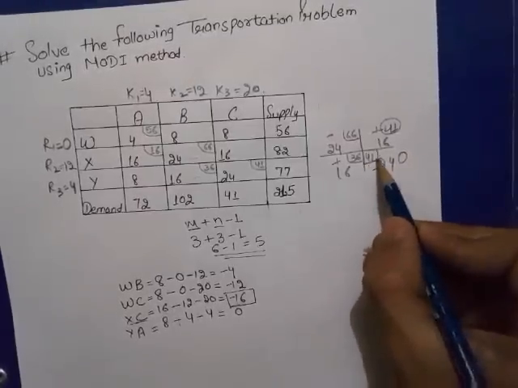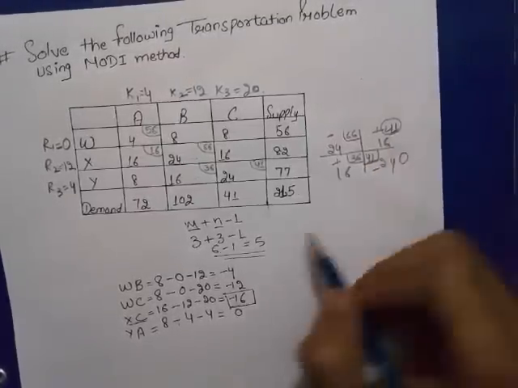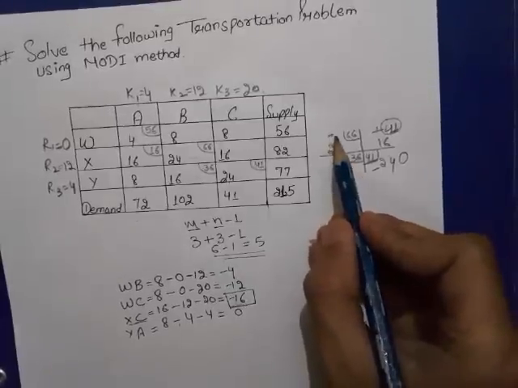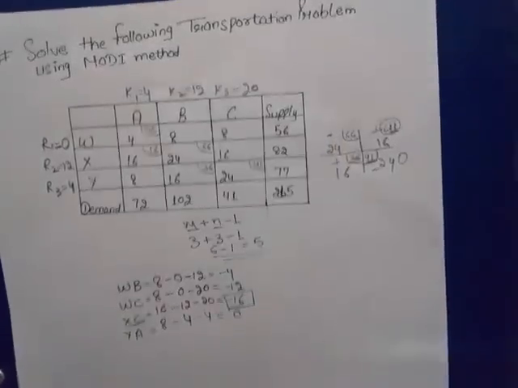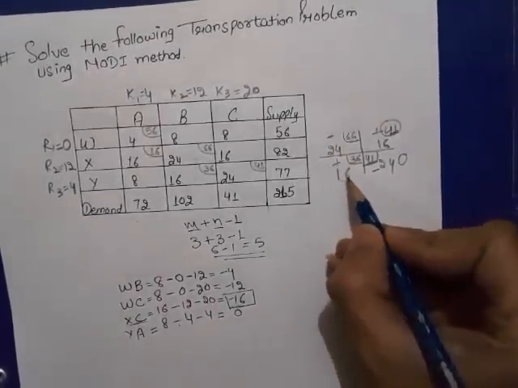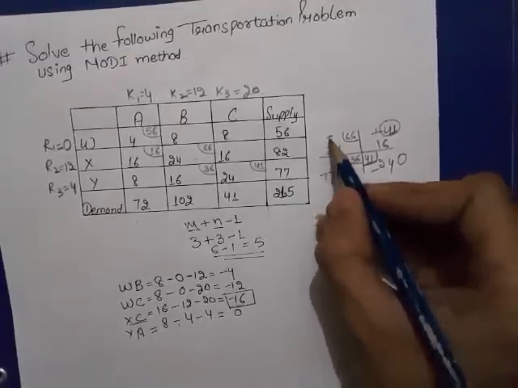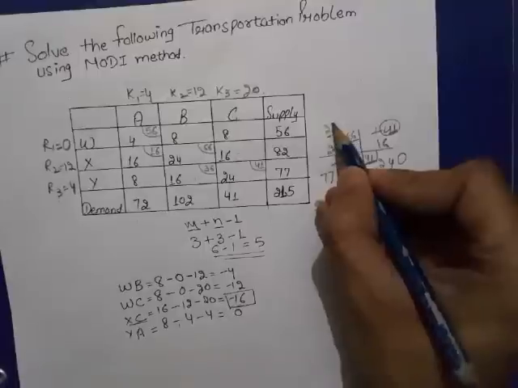So now this is unoccupied cell, this is occupied cell. In the same way we have to add 41 in this and minus 41 from this. So after adding, 77 will become 25.